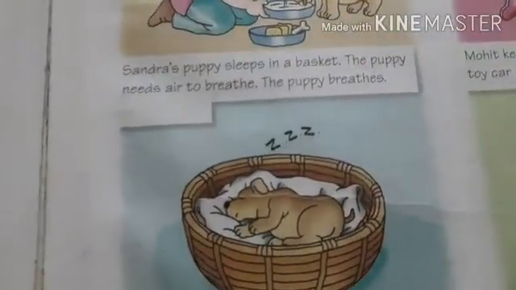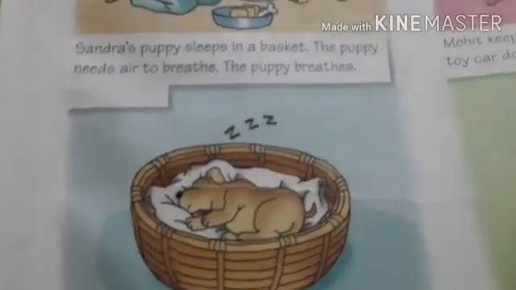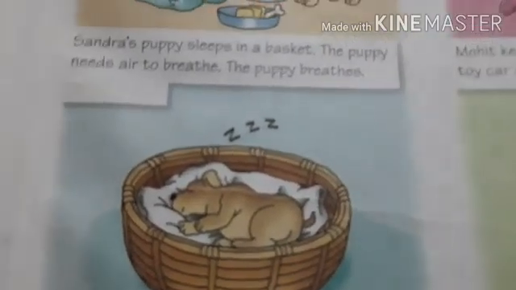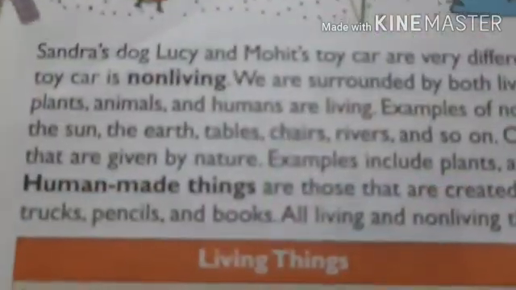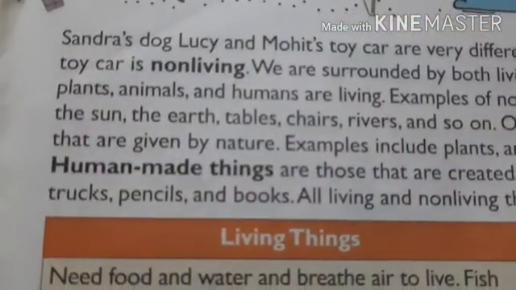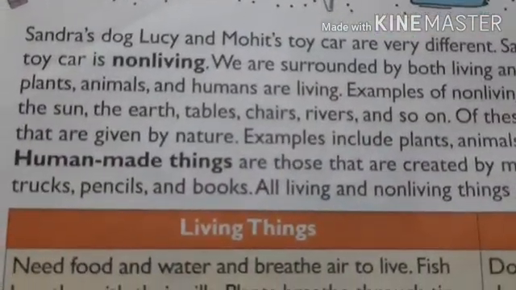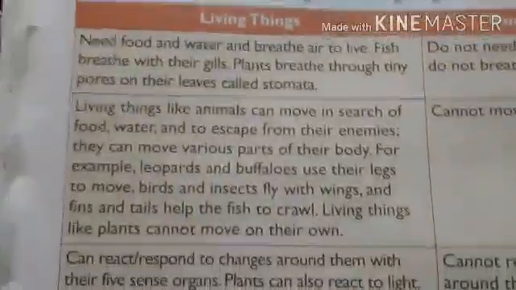Okay, so children, we are surrounded by both living and non-living things. In our surroundings, we have both living and non-living things. Things such as plants, animals, and humans are living things. And examples of non-living things are buildings, rocks, cars, sun, earth, table, chair, etc. Of these, natural things are those that are given by nature, which are provided by nature.